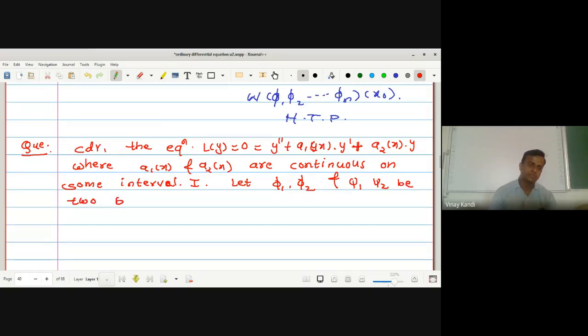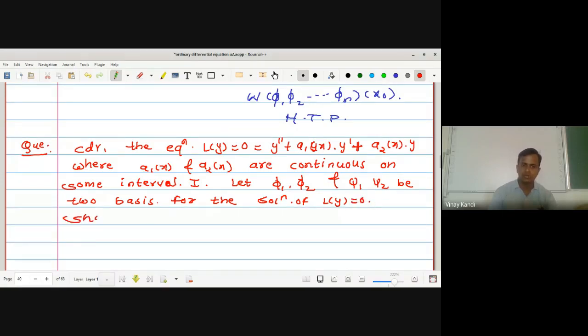two bases for the solution of L of y is equal to 0.